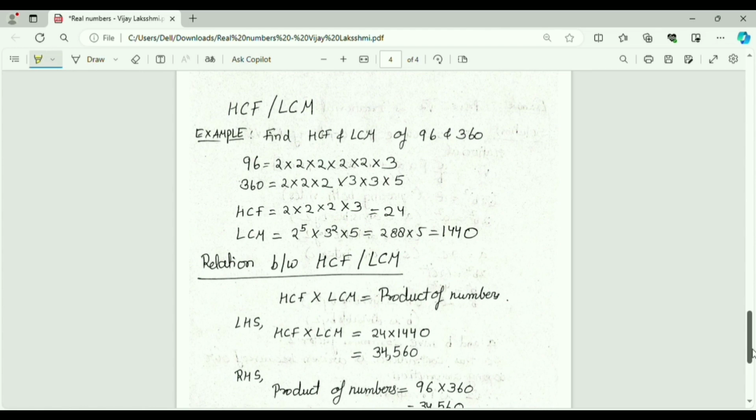Then to find HCF, as the name suggests, highest common factor, we will pick all the common factors between the given numbers and find their product, which is our HCF. And for LCM, we will take all the factors which we got in the prime factorization of the given numbers, as you can see in the example, to calculate the LCM.